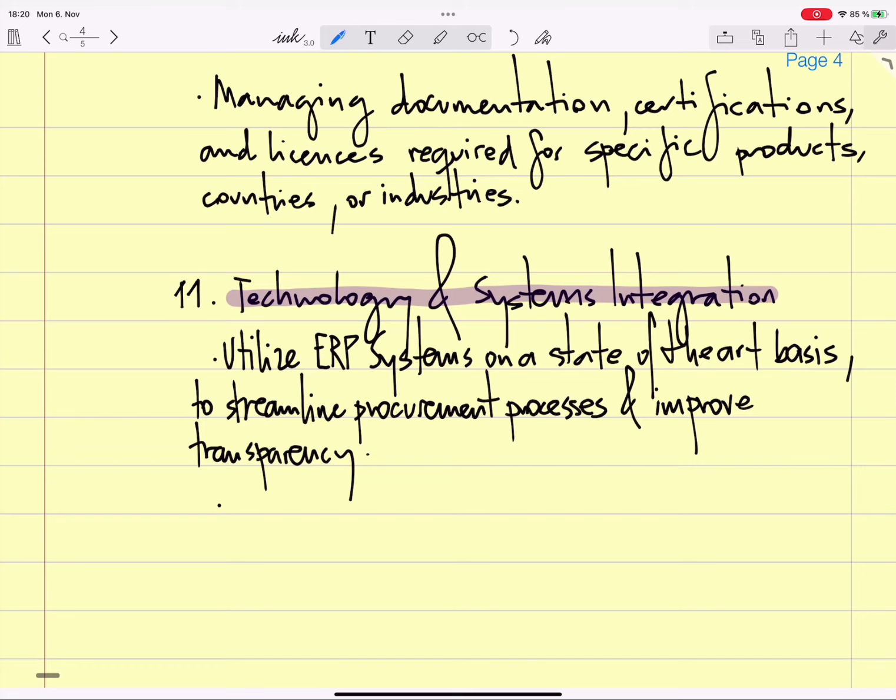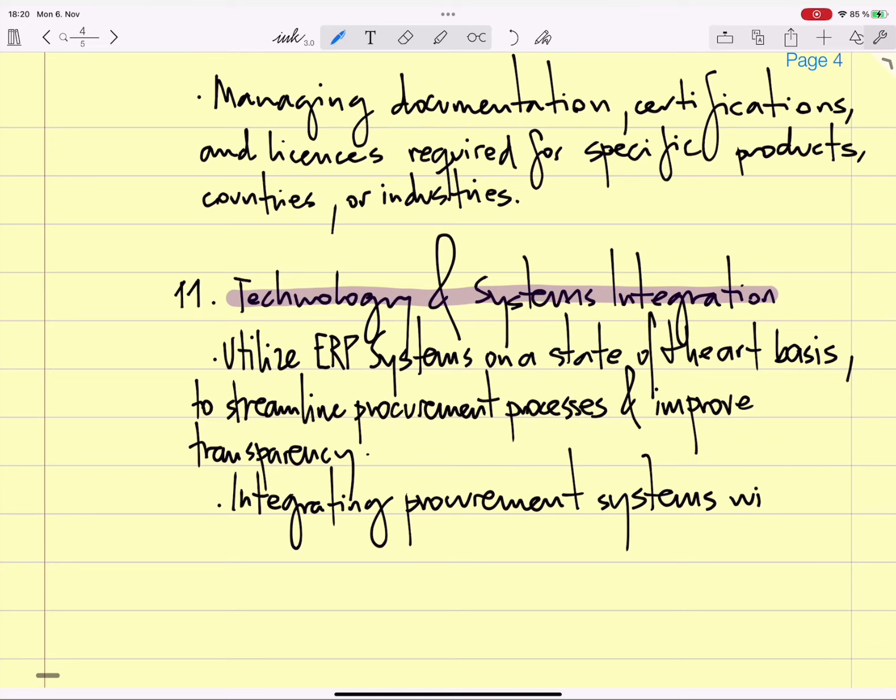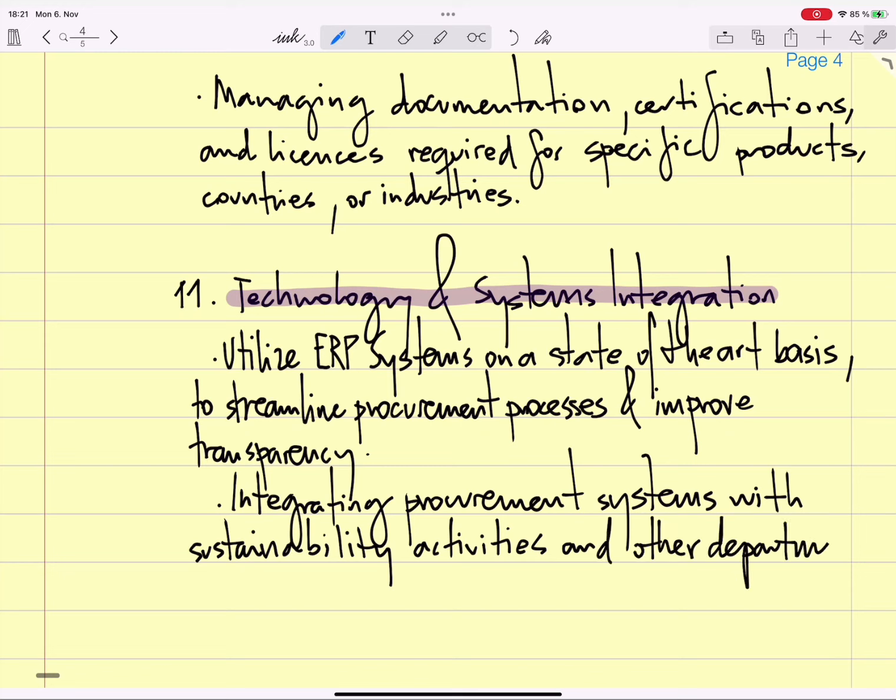And then this is a niche where actually a lot of people are finding a job here, integrating procurement systems with sustainability activities, and other departments for seamless and transparent information flow.